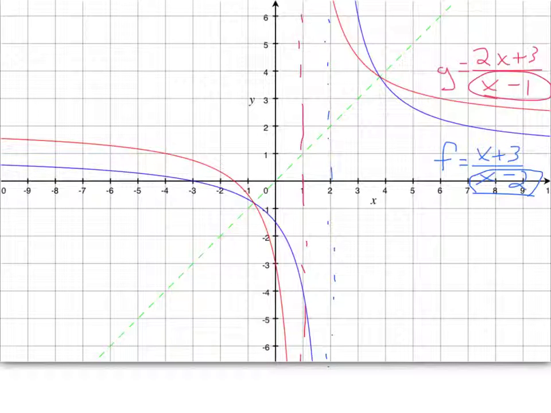Graphically, they are inverses if they are symmetric across the line y equals x. That's our green dashed line here. Basically, if you take the paper and fold it along the line y equals x, f has got to map to g, and g has got to map to f.